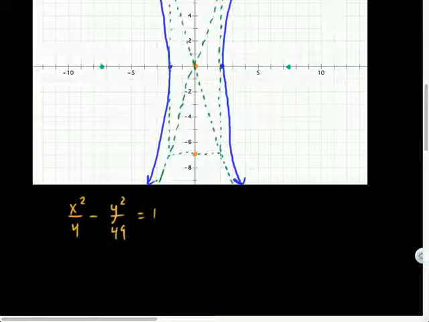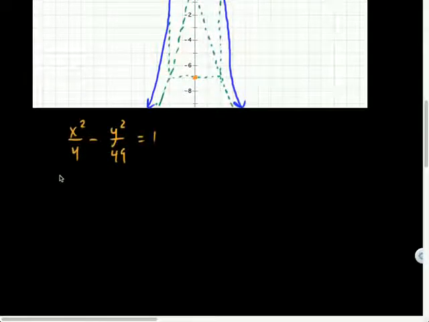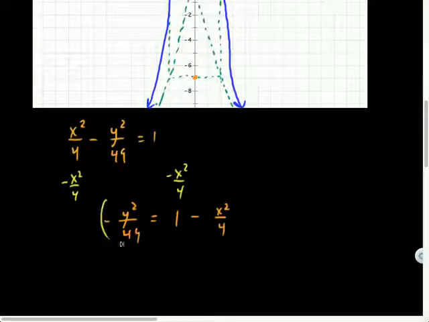What I would want to do is actually solve for y. So I would subtract the x squared over 4 from both sides, and I'm going to get a really ugly looking equation, but this is the only way I'd be able to do it. Equals 1 minus x squared over 4. I could then multiply both sides by negative 49.